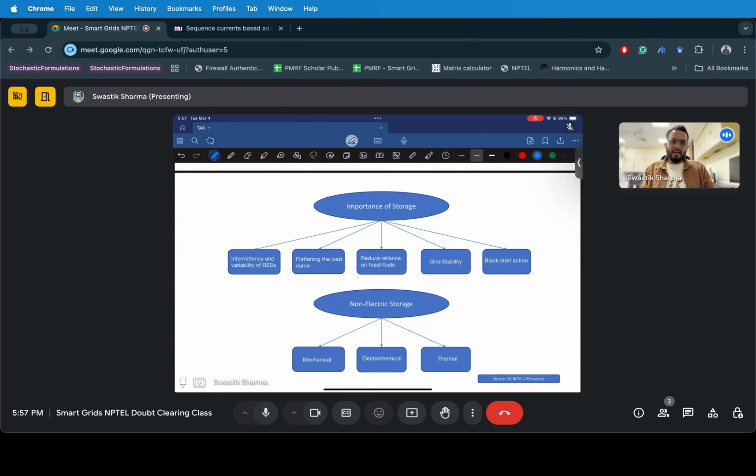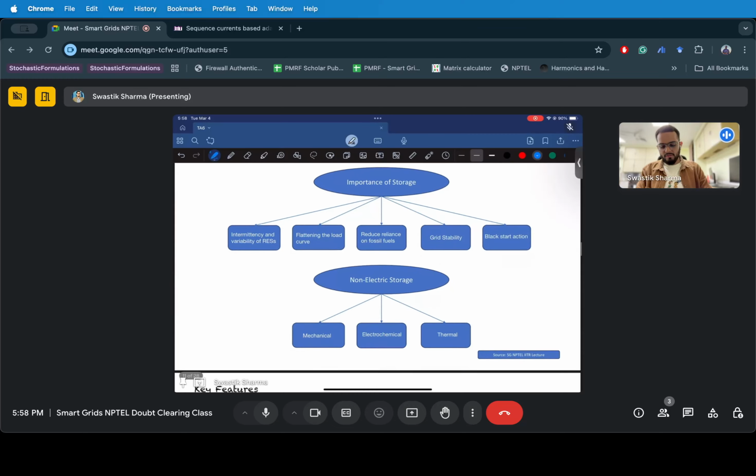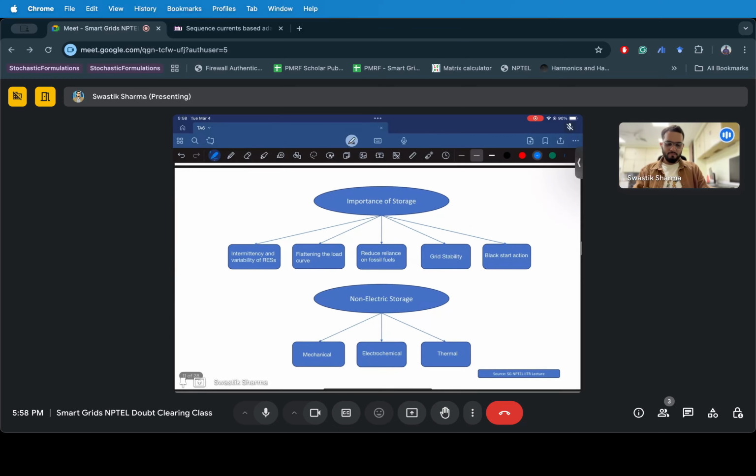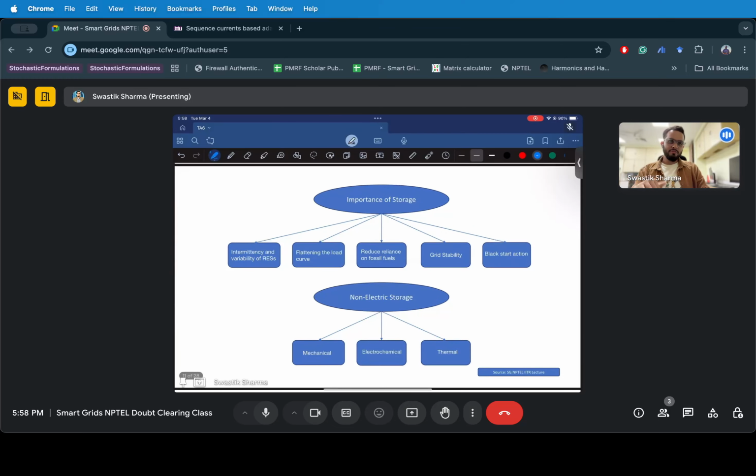So for any DG rich or renewable rich system or a microgrid system, one thing you'll find for sure is the storage. A storage is a very important part of your microgrid. It's because it does a lot of things in which your regular fossil-based fuels are inefficient, right?